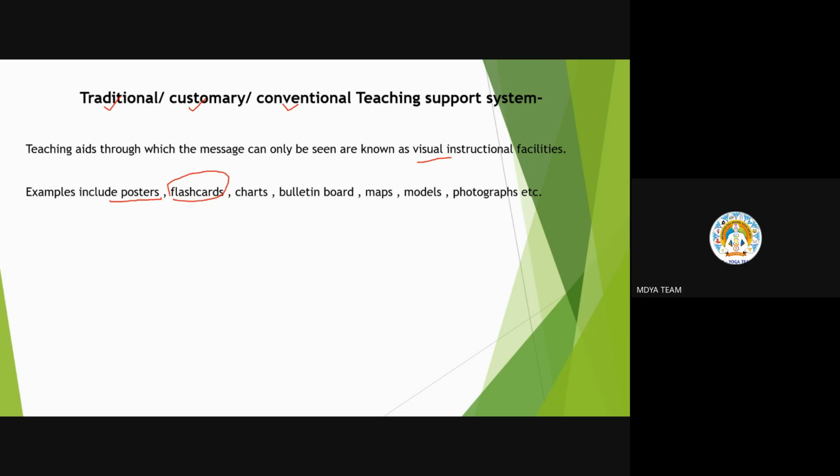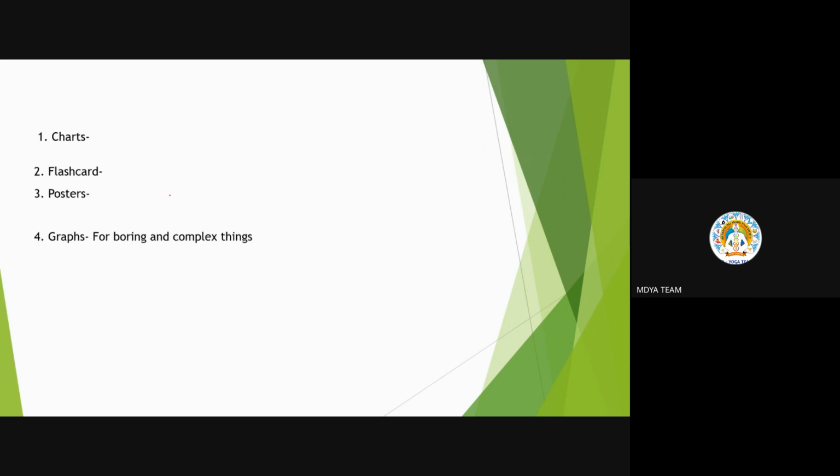Like if in the class a teacher is telling that A stands for apple, and then shows something, wait, I think I have a picture of that. See, this is a flashcard. So the teacher flashes the card in the class, and the students identify that this card stands for apple. So this is a flashcard.